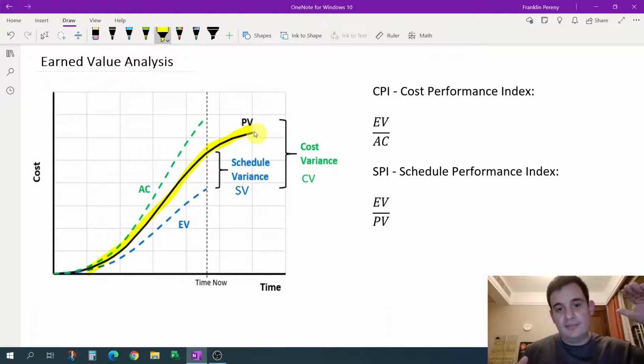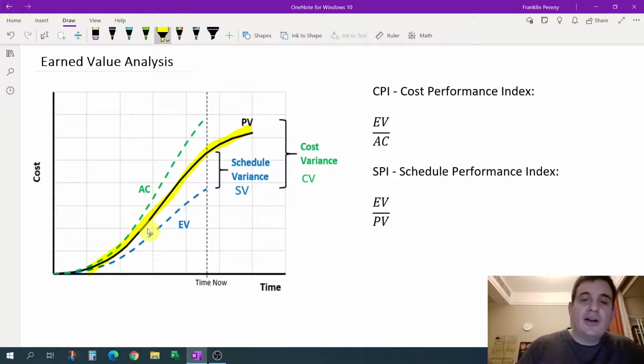It's going to take this amount of cost. And over time, this is what our planned value would be, because you might not build 1 mile of road starting from day one. You're going to accrue value over time, right? So that's the planned value.